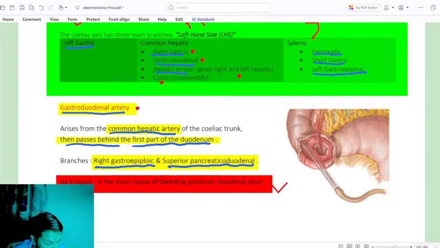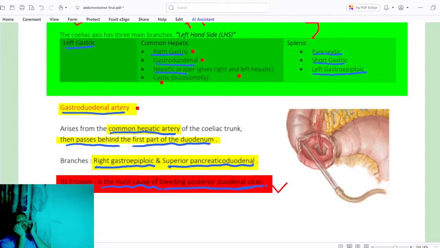Now, if there is any peptic ulcer or duodenal ulcer, bleeding mainly occurs from the posterior aspect. So if there is any bleeding in peptic ulcer, mainly it occurs due to rupture of the gastroduodenal artery. Its erosion is the main cause of a bleeding duodenal ulcer.